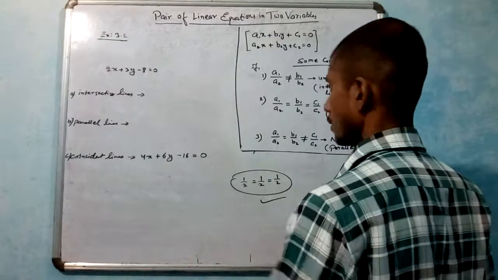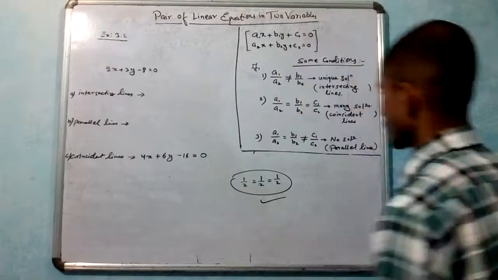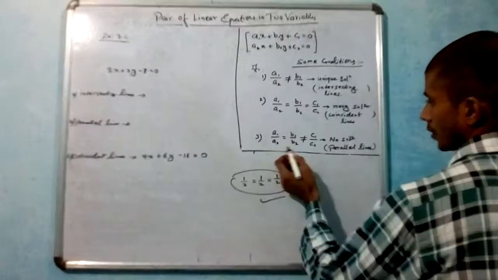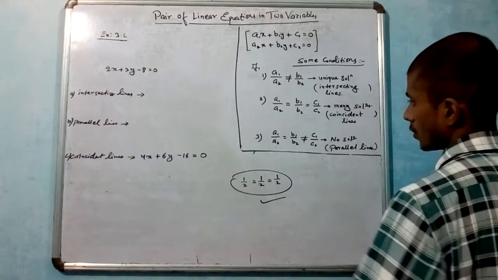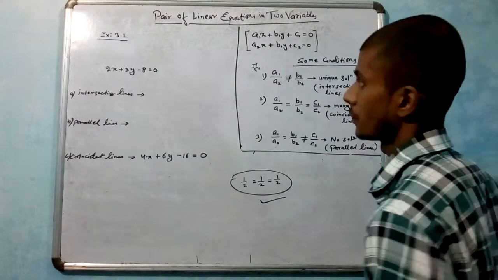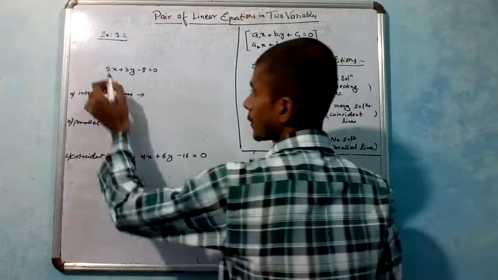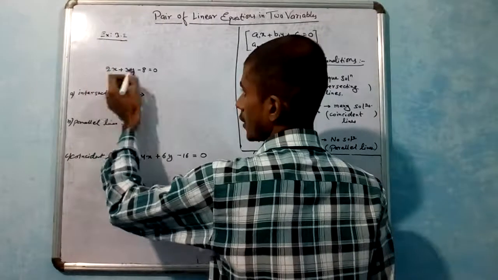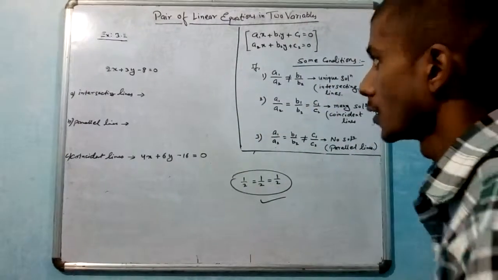Now come to parallel lines. For parallel lines, we can see that these two are the same, the C part is different. So what do you do? Multiply the first A and B part with some same constant.